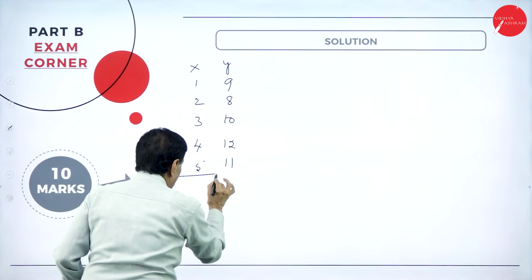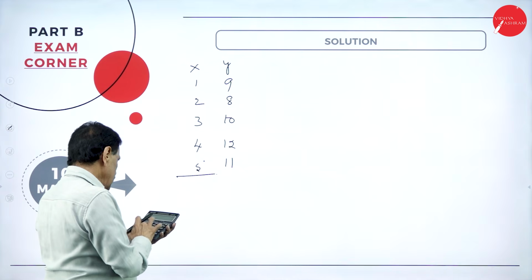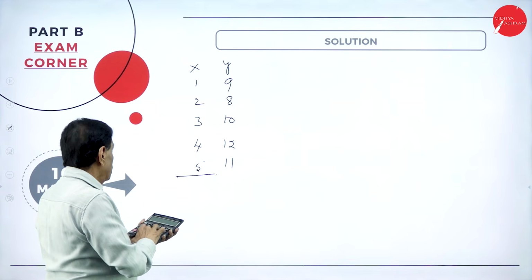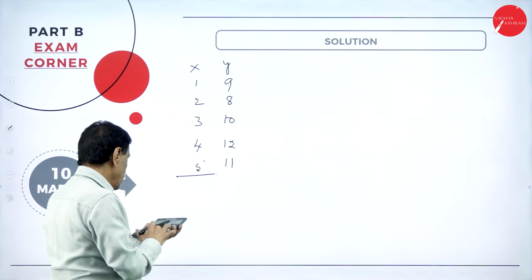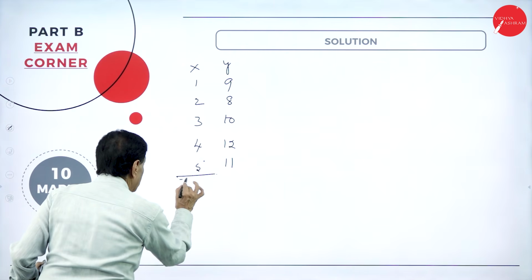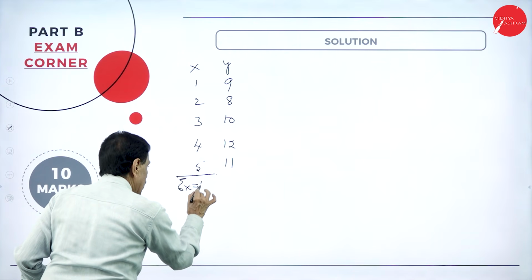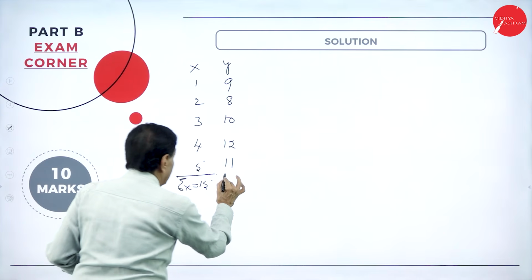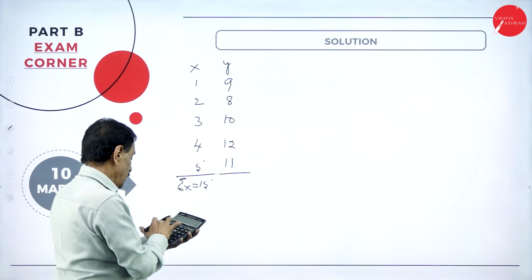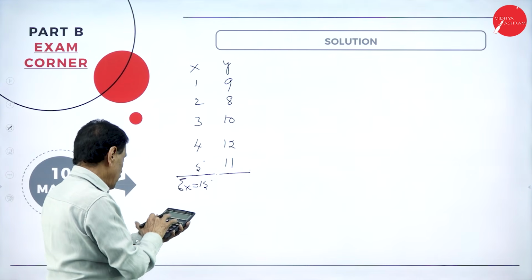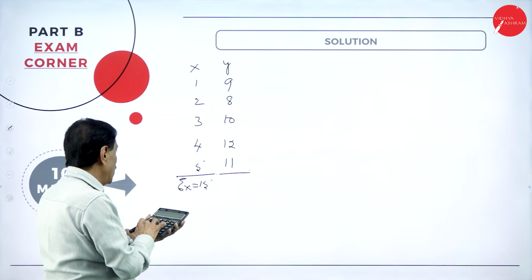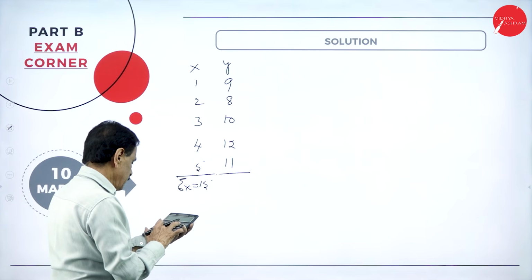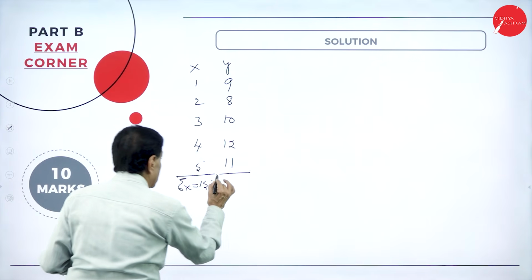First step to do, add the figures. 1 plus 2 plus 3 plus 4 plus 5 is 15. Sigma x is equal to 15. Add this: 9 plus 8 plus 10 plus 12 plus 11 is 50.